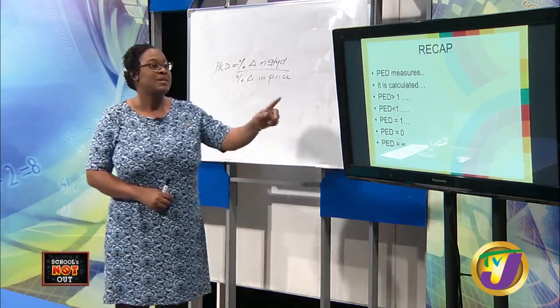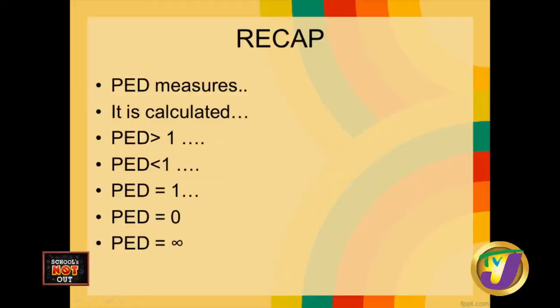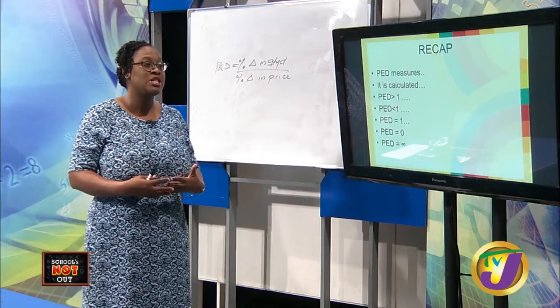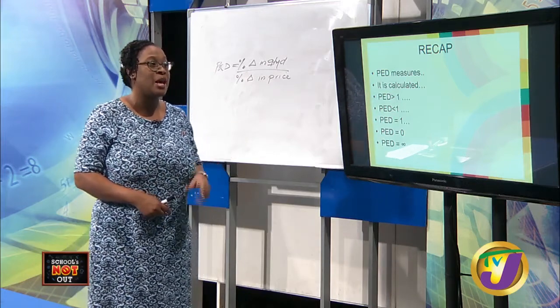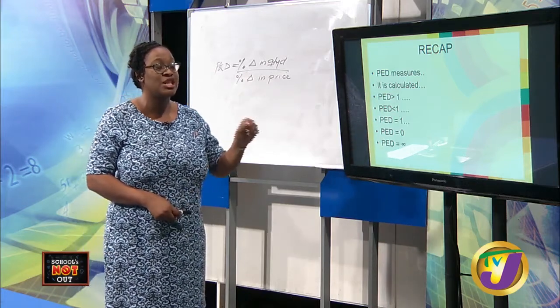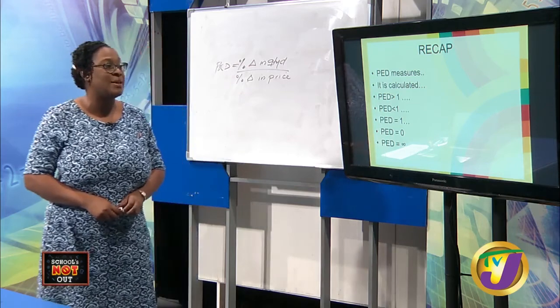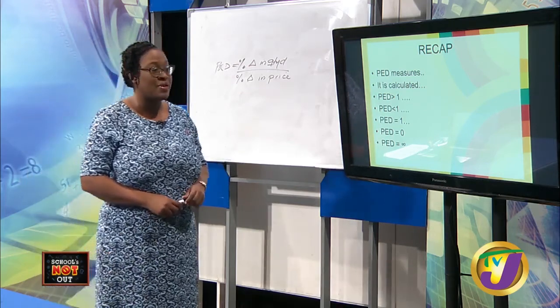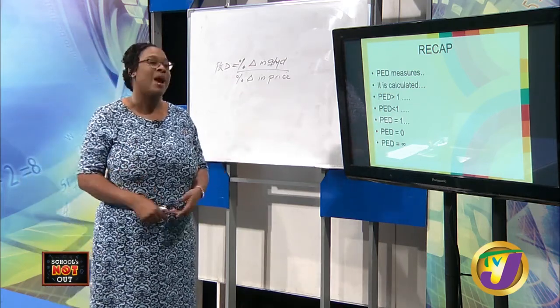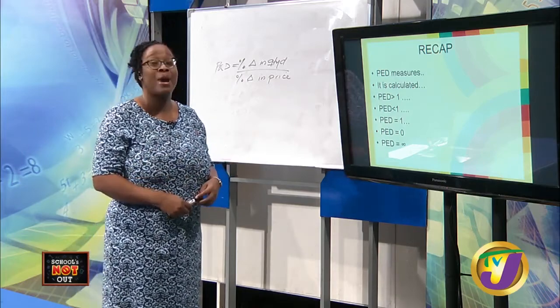All right, we said in our lesson today that when the price elasticity of demand is greater than 1, it means that it is elastic, meaning that consumers are highly responsive to a change in price, because we will see that the percentage change in quantity demanded is greater than the percentage change in price.